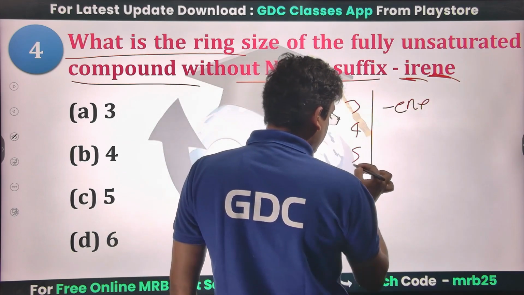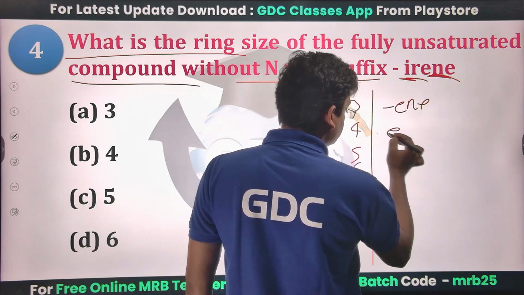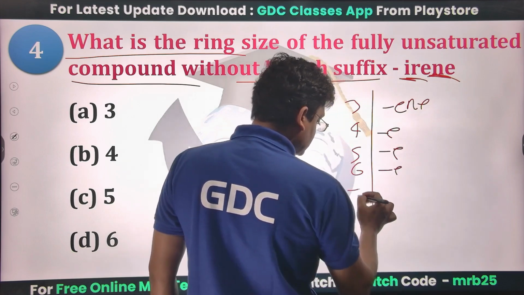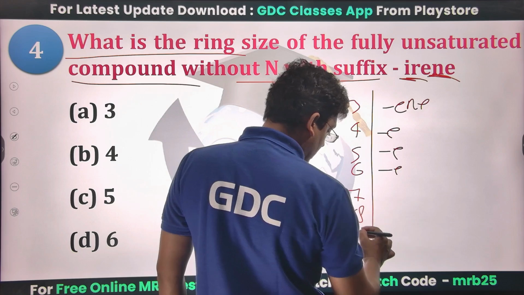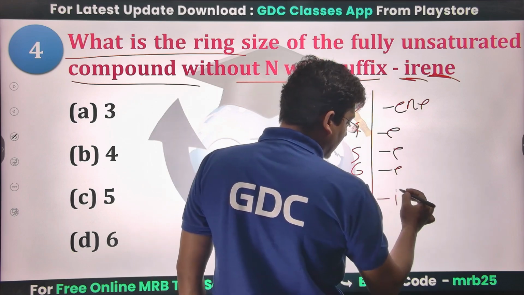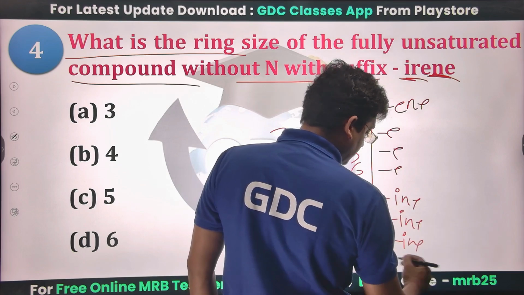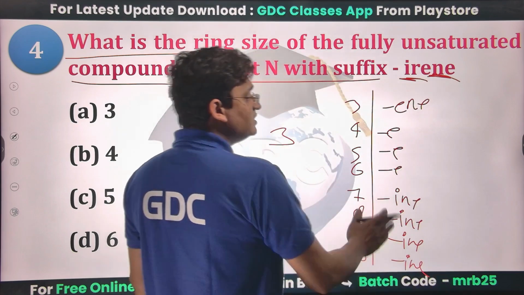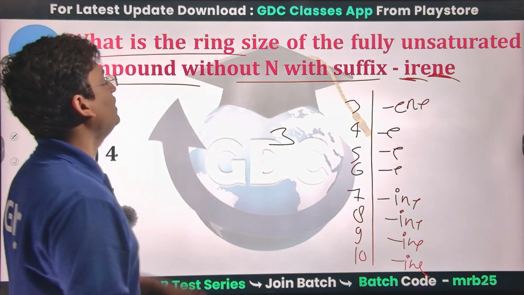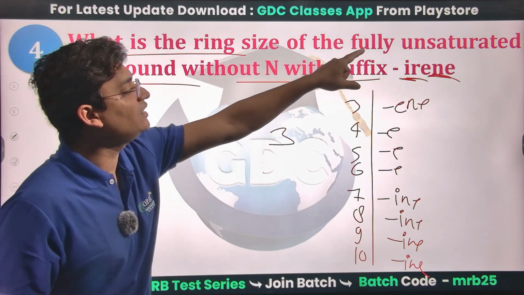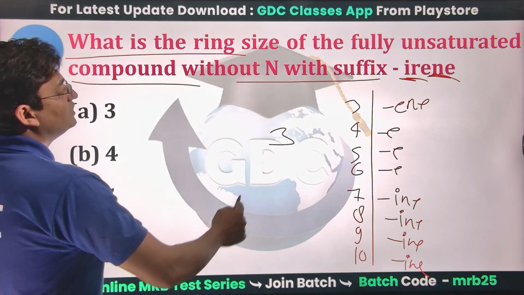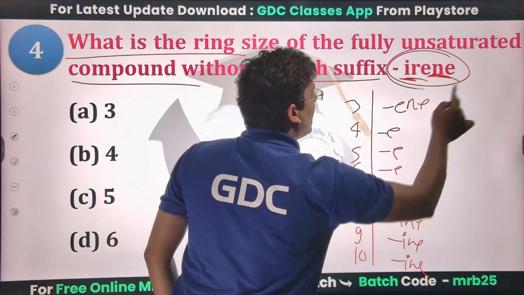For 4, 5, 6-member, you will be having just E at the end. And for 7 to 10 onwards, it will be ended with INE for unsaturated. So here we are having a ring without nitrogen and fully unsaturated, the ending is IRENE.